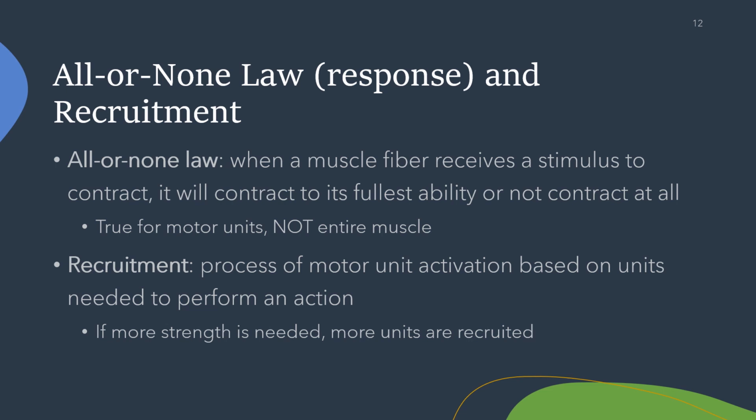So this motor unit, the motor neuron, is part of what we want to think about right now. How is that muscle fiber told to contract, to fire, to do whatever it is? It's called an all or none response.